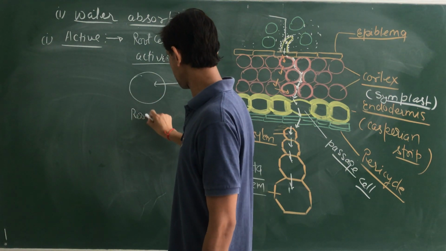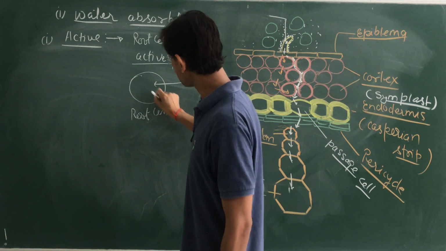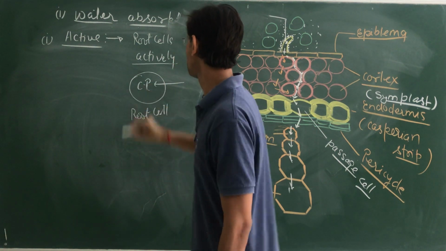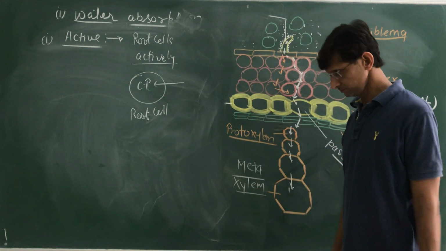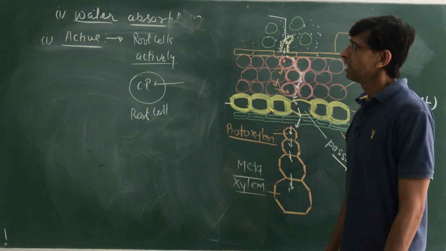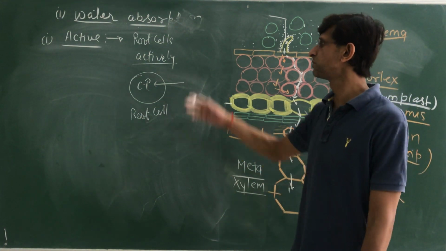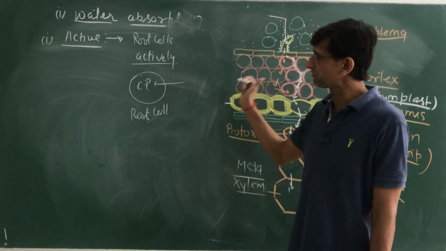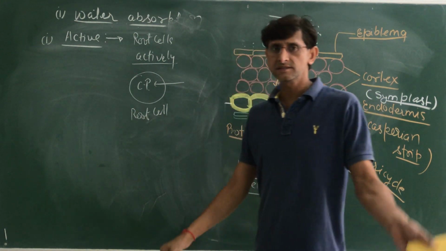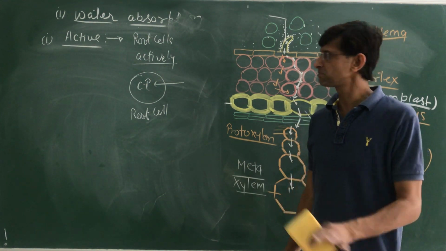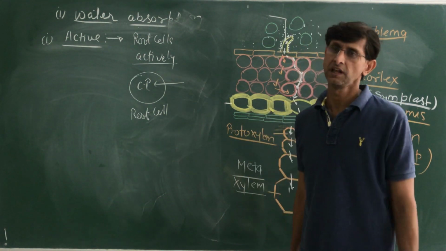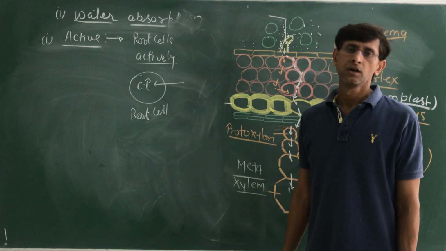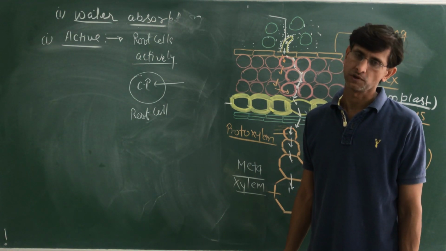If it is a root cell, then water definitely enters into the root cell cytoplasm. So the absorption process in which root cells actively take part and water definitely enters inside the root cell and becomes part of the cytoplasm of the root cell, then only we will call it active water absorption.